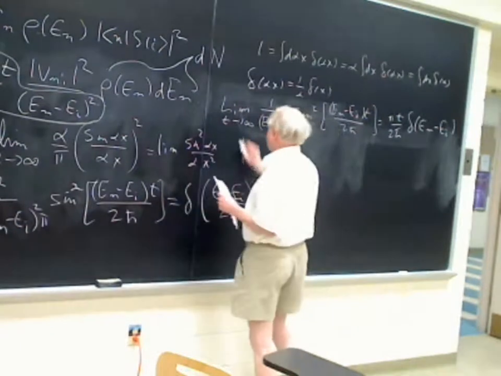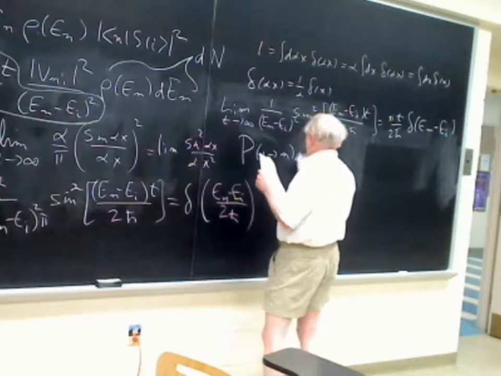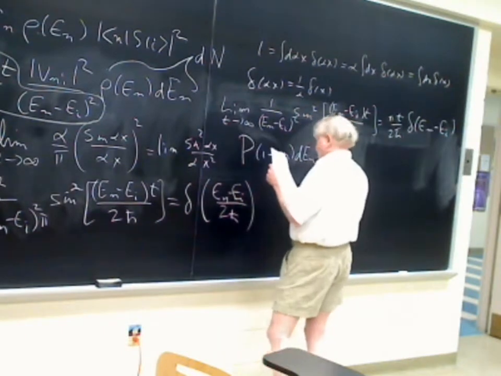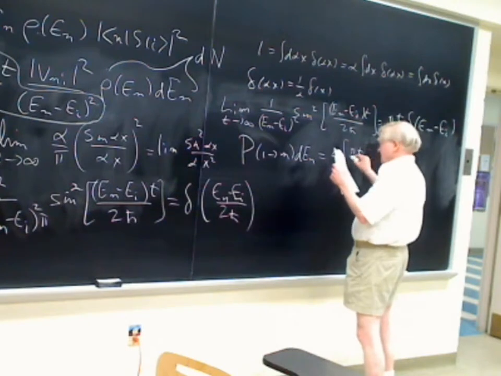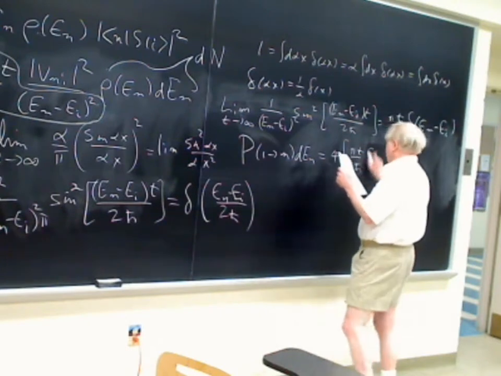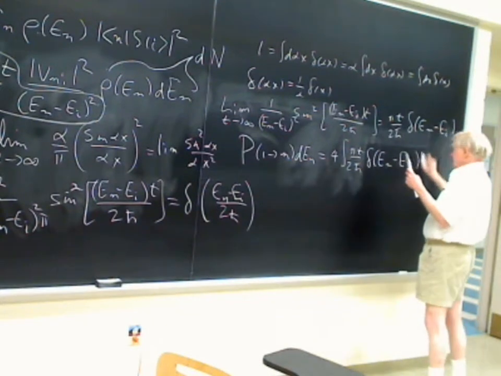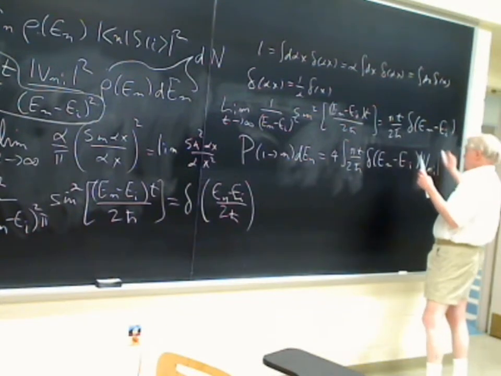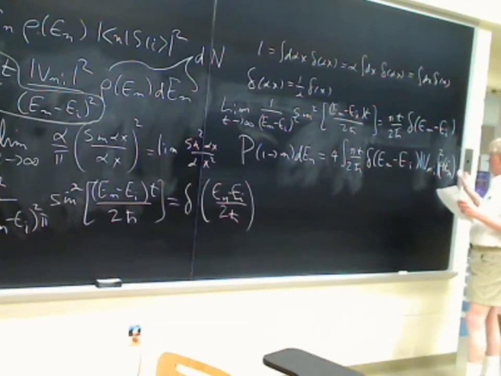So our probability of i going to n is equal to 4 integral pi t over 2 h bar delta of En minus Ei, |Vni| squared, rho of En dEn.